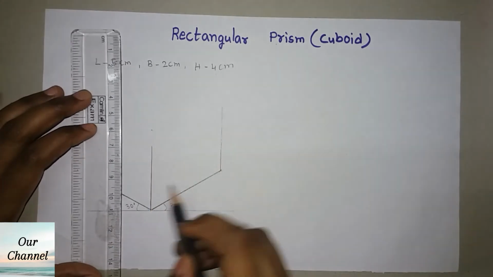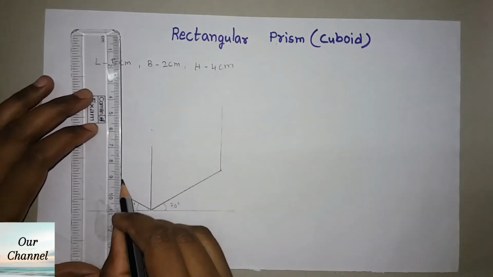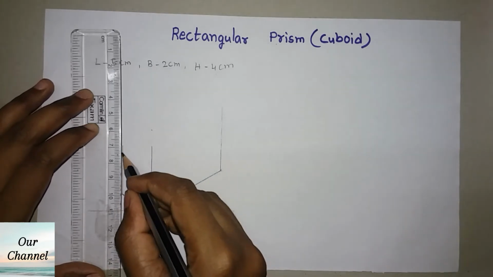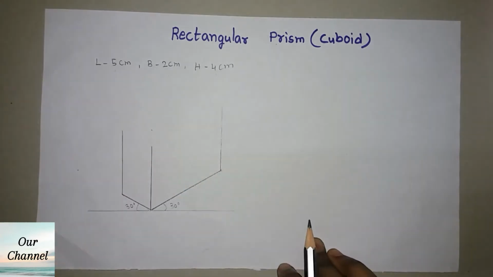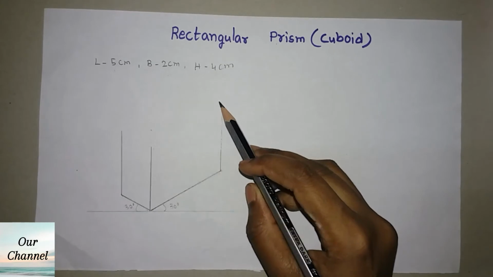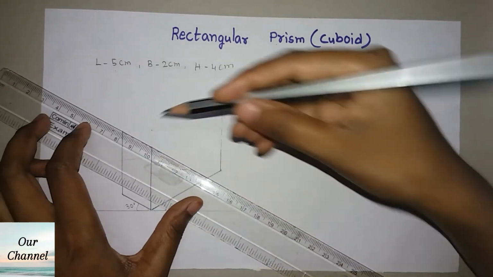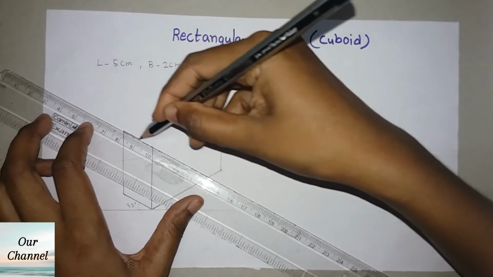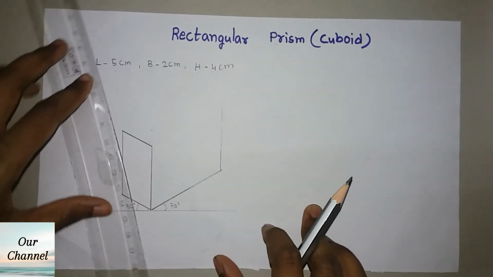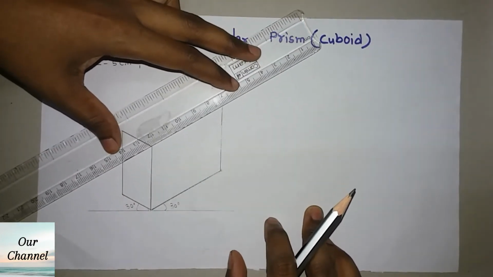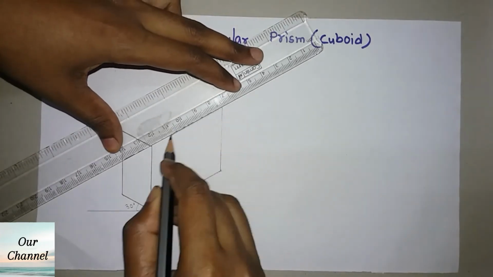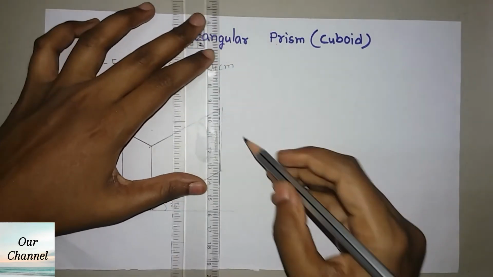So each line should be parallel to each other, 4 centimeters. Now we should join these two lines and these two lines. Here and similarly here.